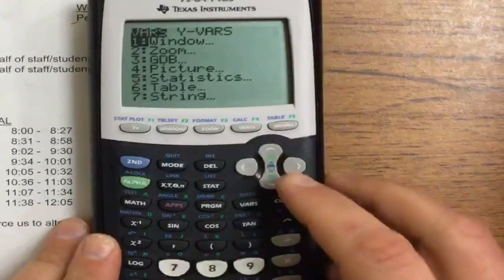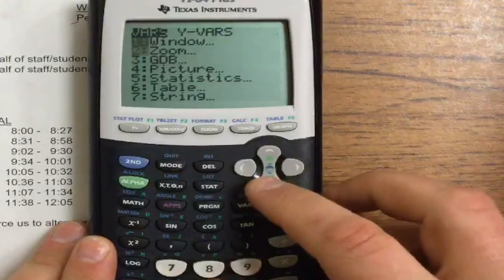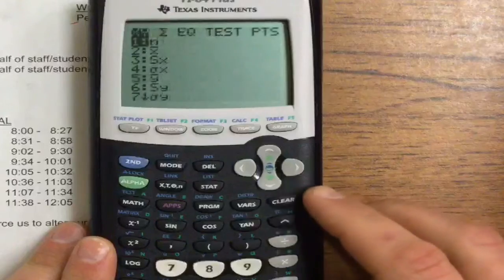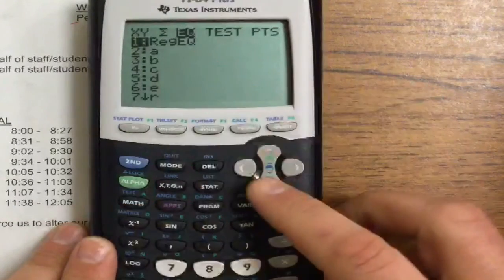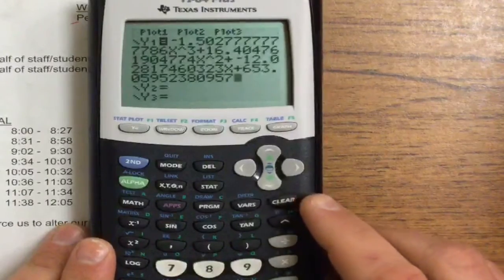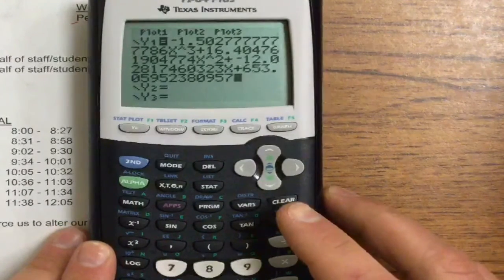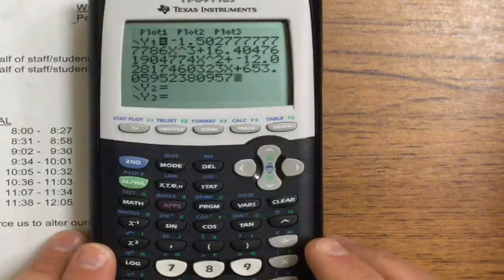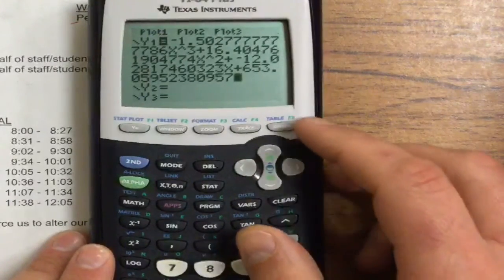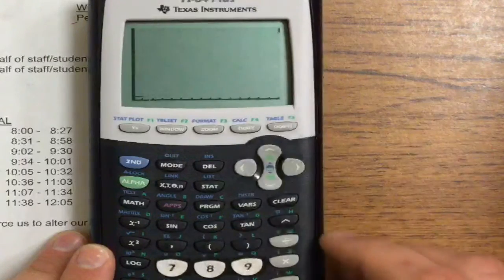We can go to statistics, then equation, then regression equation. And it magically pulled all that equation that we just wrote down into the y equals. And then we can say graph.